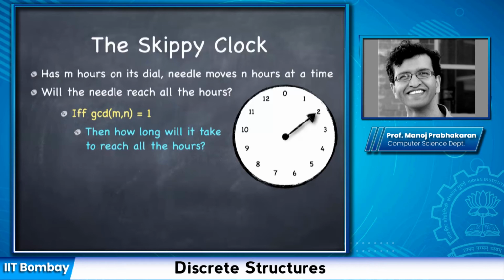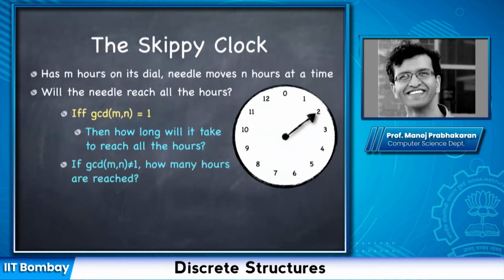The way we reasoned about it is we said, if you reach 1 in t steps, t is n inverse, then in another t steps you would get to 2, and then another t steps you will get to 3, and so forth. Well, that's not necessarily the first time you would be reaching 2 or 3. You would have already passed through them earlier. So what's the least number of steps you need to reach all the hours?